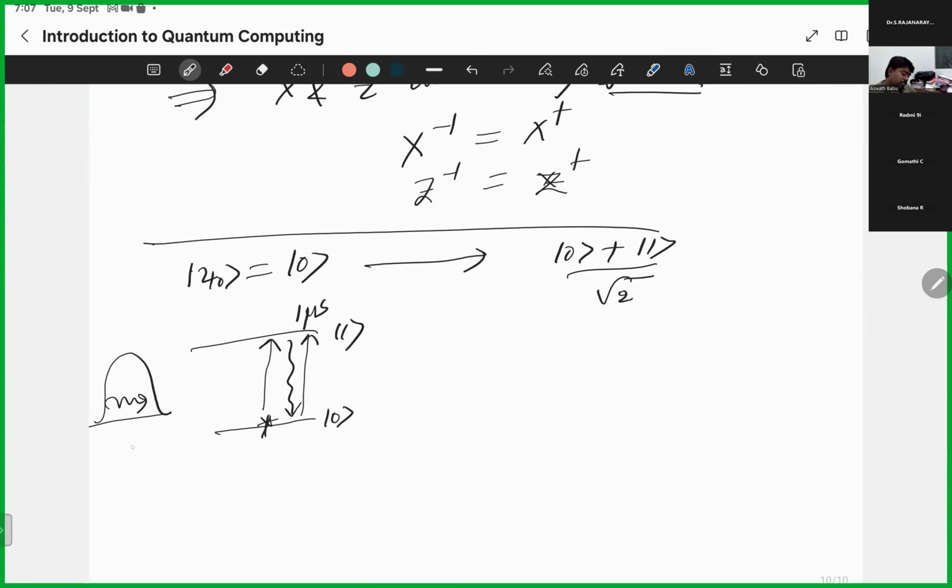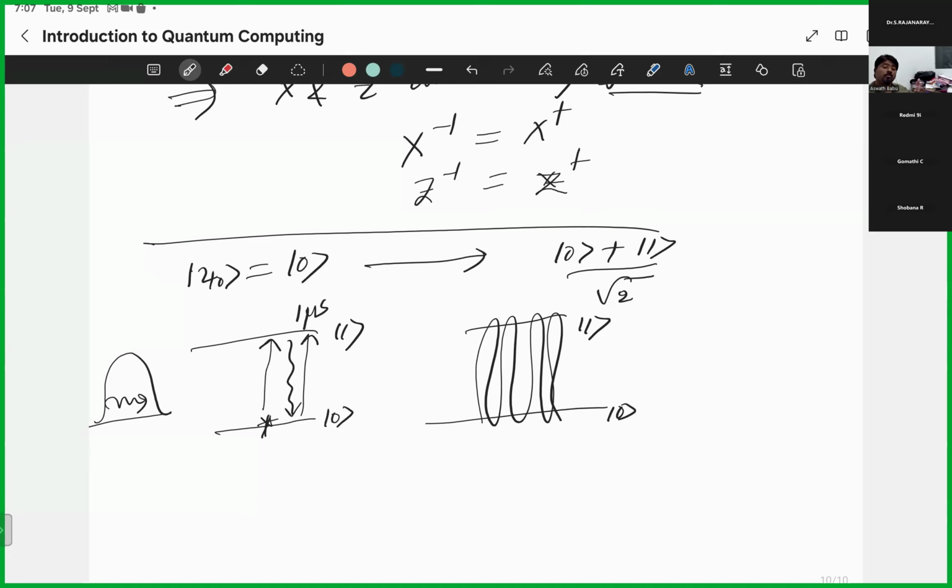So this pulse of photons makes the electron oscillate between ground and excited. In that way, it is just like tossing a coin, the electron being excited and ground at the same time. In this way, we can create an equal superposition state by just supplying a pi by 2 pulse of photons.